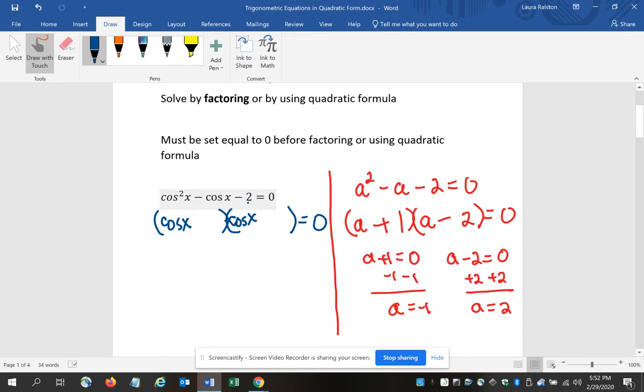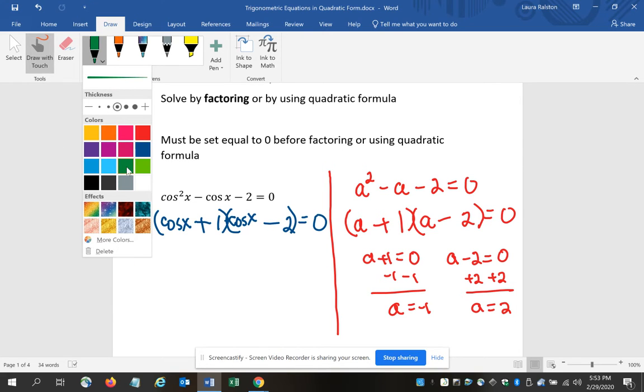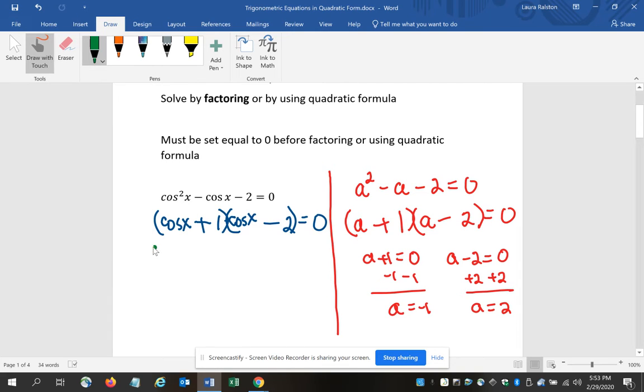I need a pair of numbers that will multiply to 2 and then subtract to 1 cosine. Again, there's only one pair, 1 and 2. I need the negative 2 and a positive 1. So then I know that one of those pieces, either cosine x plus 1 is equal to 0 or cosine x minus 2 is equal to 0.